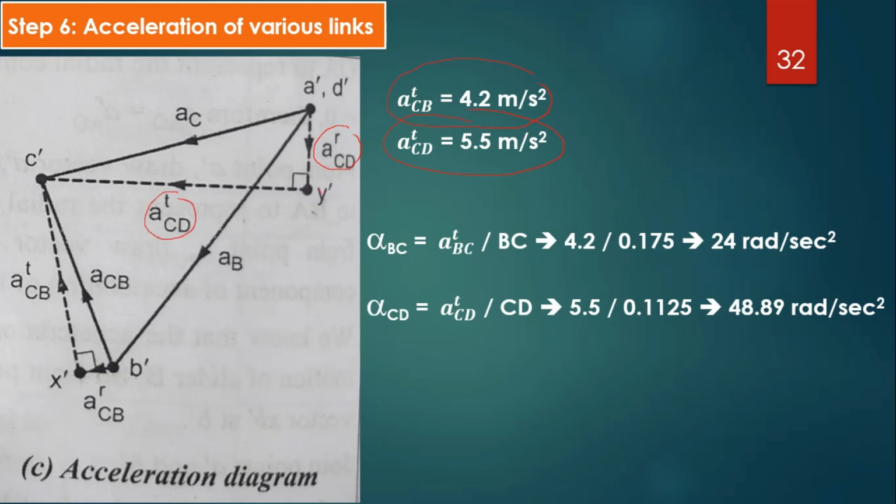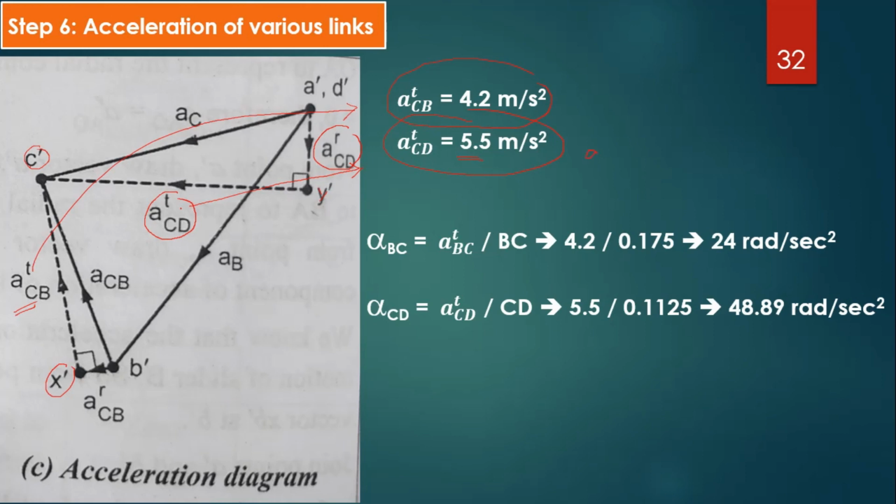So the vector y dash c dash is equal to the tangential component of acceleration of CD, which is 5.5 meter per second squared, whereas the vector x dash c dash is equal to the tangential component of acceleration of CB, which is 4.2 meter per second squared.